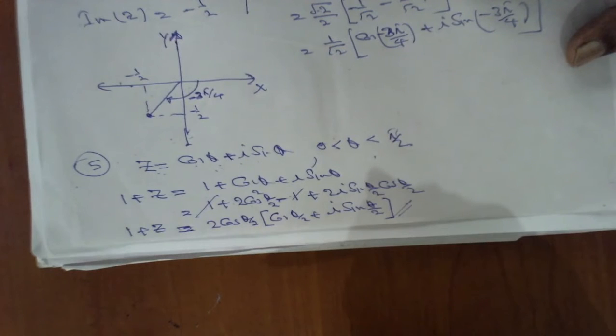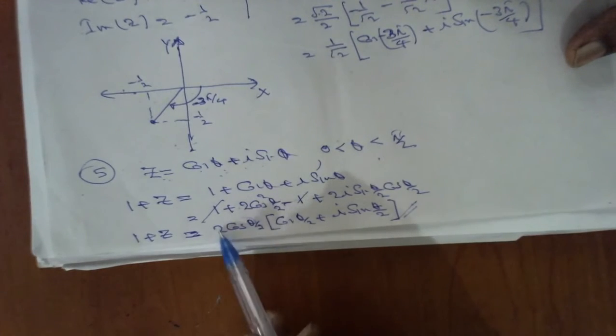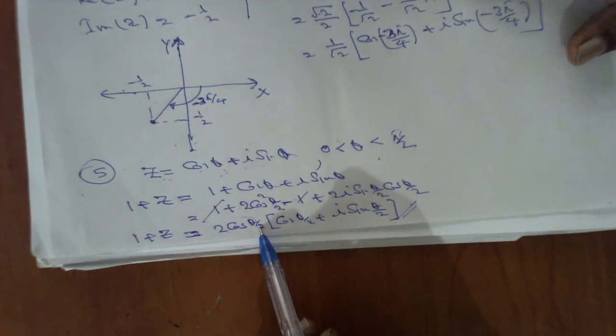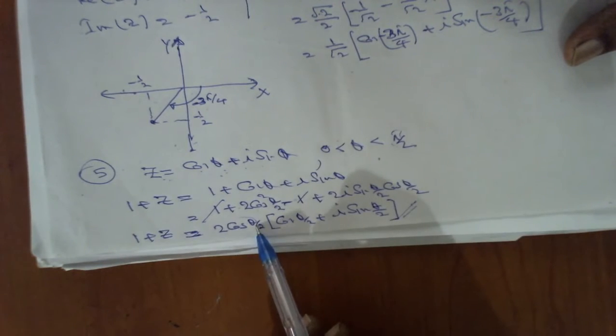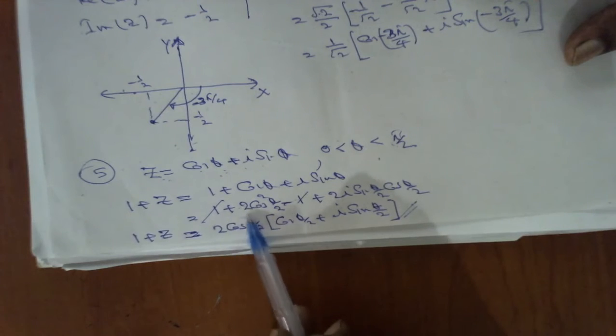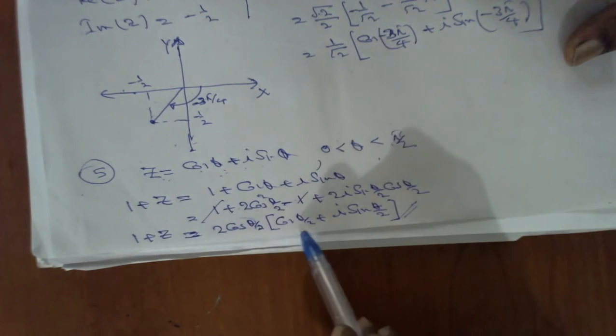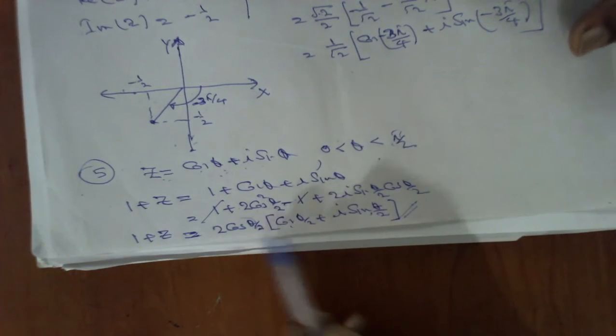If theta is known, is this 2 cos theta by 2 positive or negative? Theta is an acute angle, from 0 to pi over 2, then theta by 2 is also an acute angle. Therefore, this is a positive number. Outside the bracket you have a positive number. Here you have cosine, here sine. This is the general format of polar form.